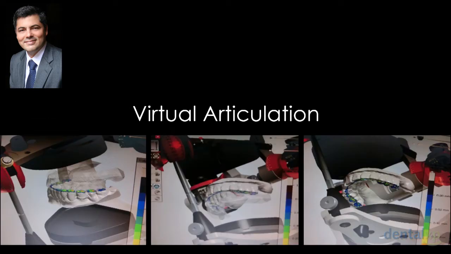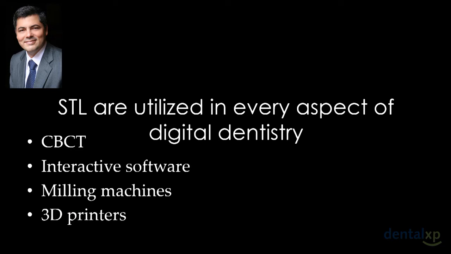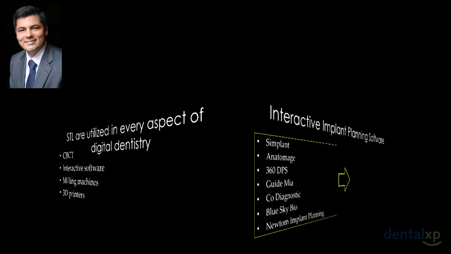And now what we are doing is transferring STLs into computers to create virtual articulation, digital articulators. The STLs are now utilizing every single aspect of digital dentistry. We're using it for CBCT, we're using it for interactive software, our milling machines are actually utilizing these formats, and the printers.